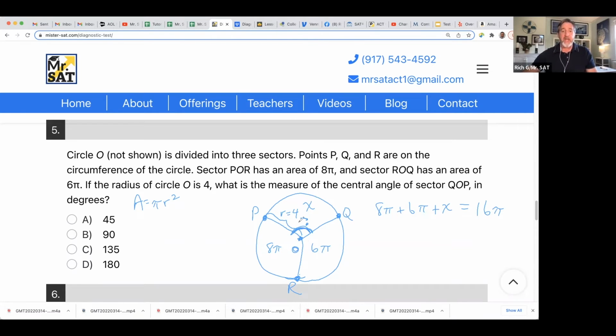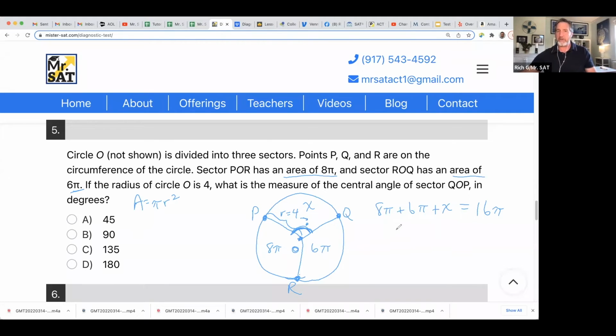Again, if I add up the areas of my 3 big pizza slices, their combined area equals the area of the circle. So I've added up my 3 slices, 8 pi plus 6 pi plus X, because these were areas, right? It says has an area of 8 pi, has an area of 6 pi. I called my unknown area X, and that equals 16 pi.